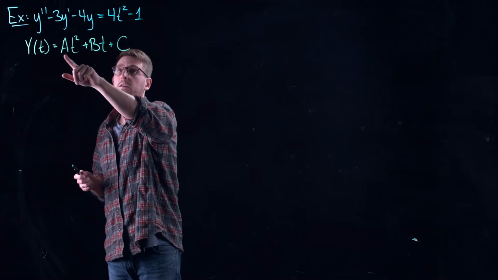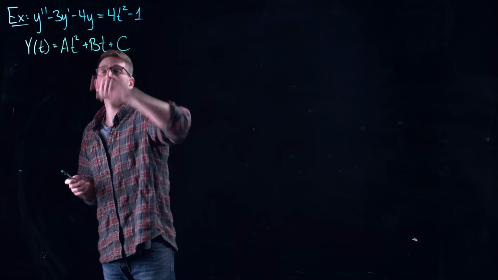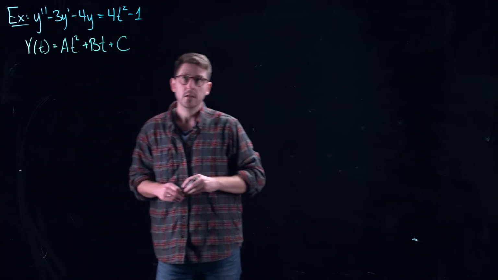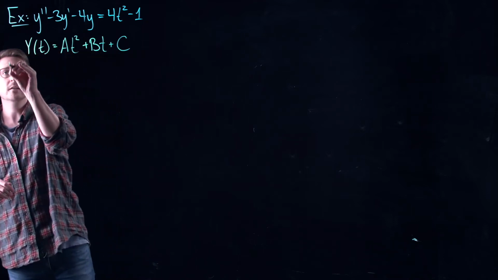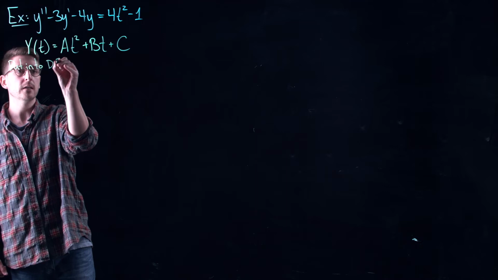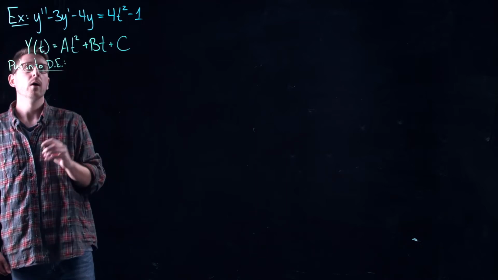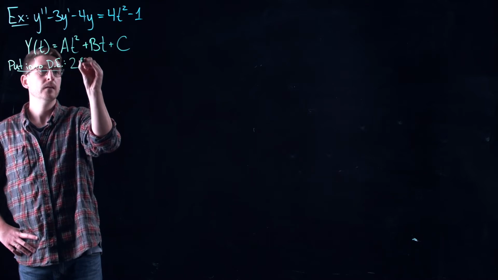Then I can match for a, b, and c in order to solve this thing equal to 4t squared minus 1. So let's take a look at it. Let's put it into the differential equation. Well, in this case, the second derivative of this thing is 2a.